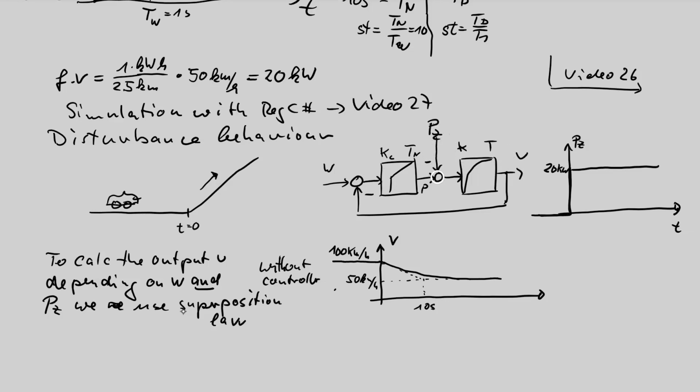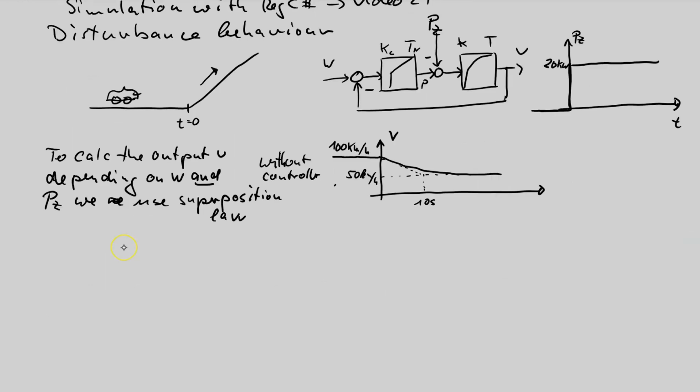The one reaction is a disturbance reaction, and the other reaction is a reference reaction separately, and then add the results, and then we get a total good curve. So in the table I will show you what I mean. I need in this situation first PZ is 0, W is 100 km per hour constant.